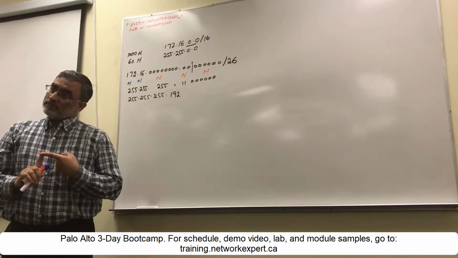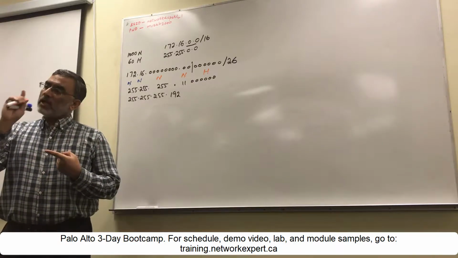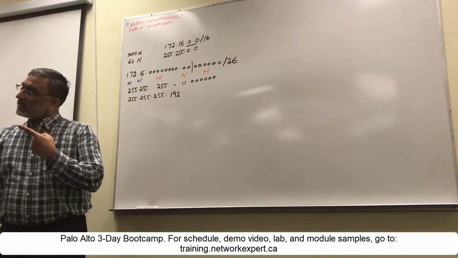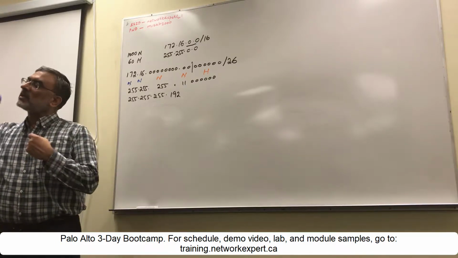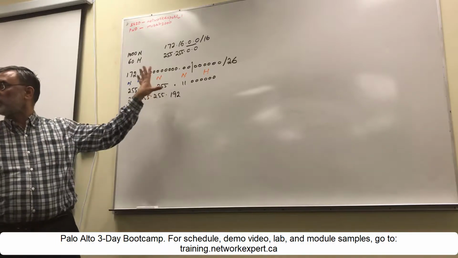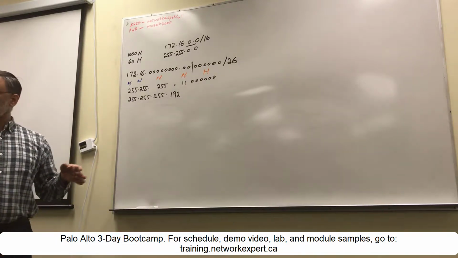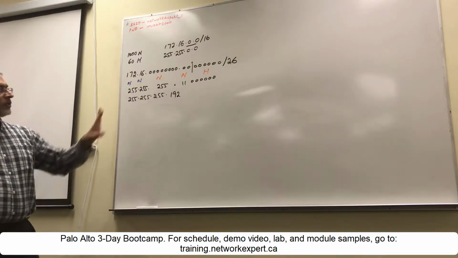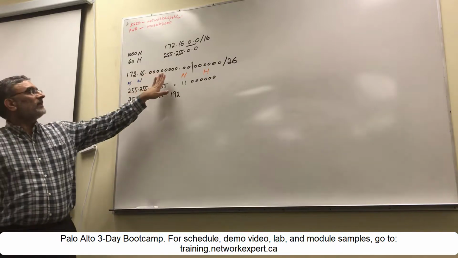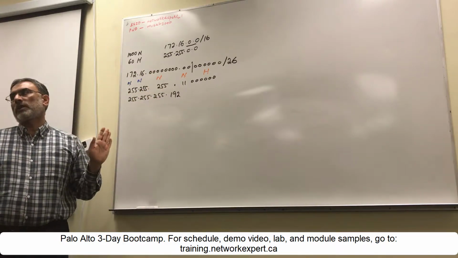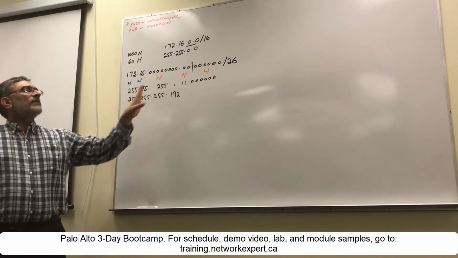And in each subnet, we will calculate the first valid IP address, the last valid IP address, the network address, and the broadcast address, and I will show you. To calculate the first network address, we have agreed that these 10 bits in our network portion are where we can play around.